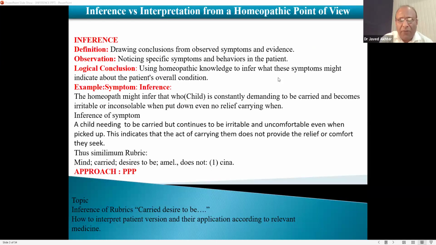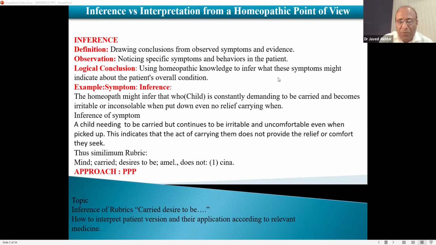Inference definition: drawing conclusions from observed symptoms and evidence. Observation: noticing specific symptoms and behaviors in the patient. Logical conclusion: using homeopathic knowledge to infer what these symptoms might indicate about the patient's overall condition.